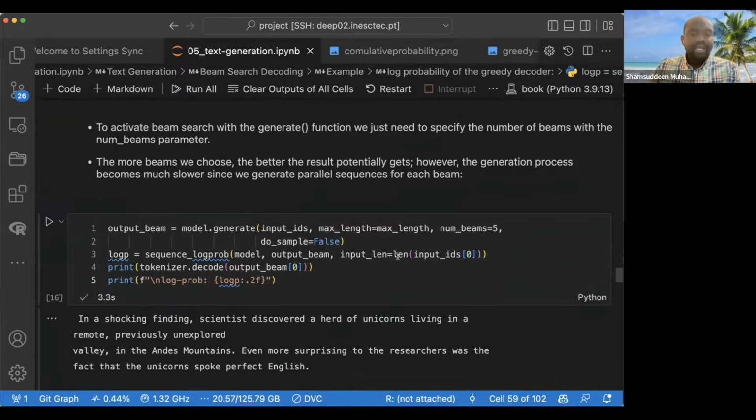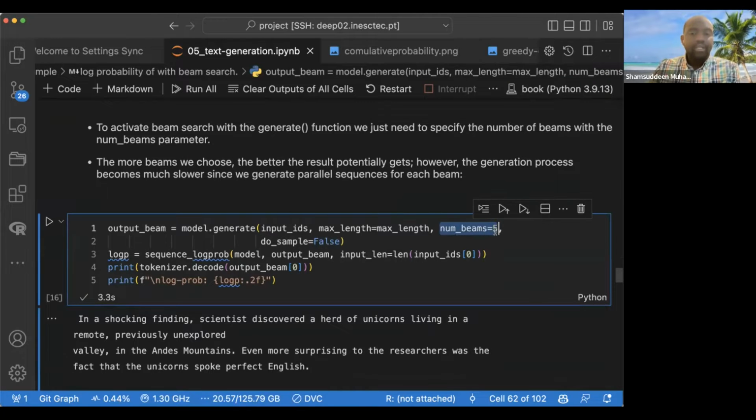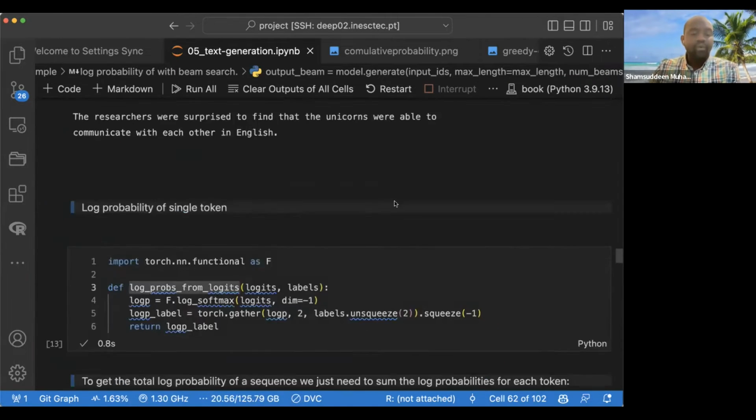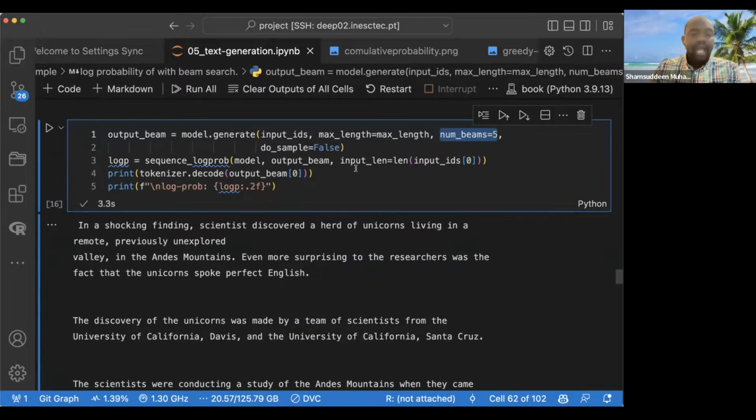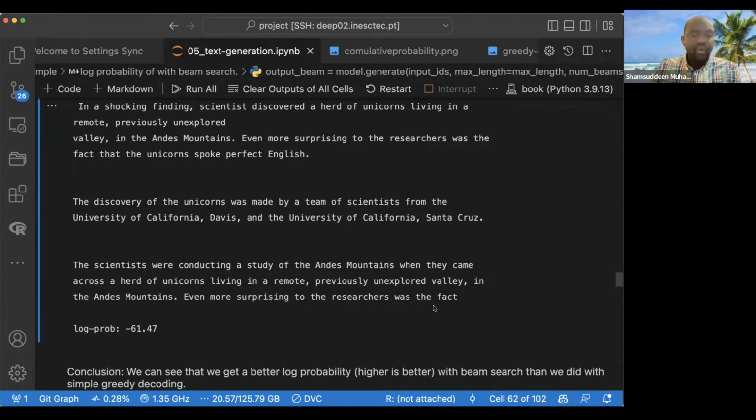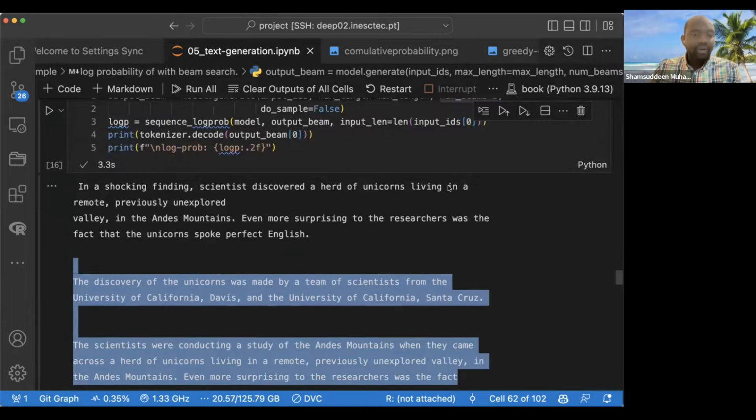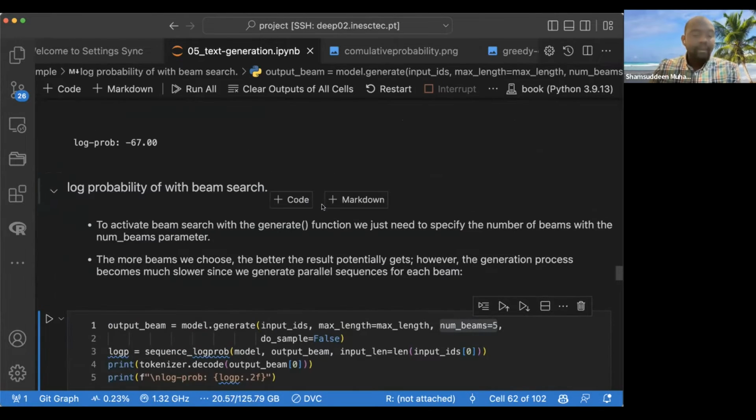For the beam search, what we need to do is basically put in the number of beams we want. If we need beam 3 or 4, we put in the number of beams. Now we do the same thing as previously, and we can see that there is no repetition here, so this is really better.